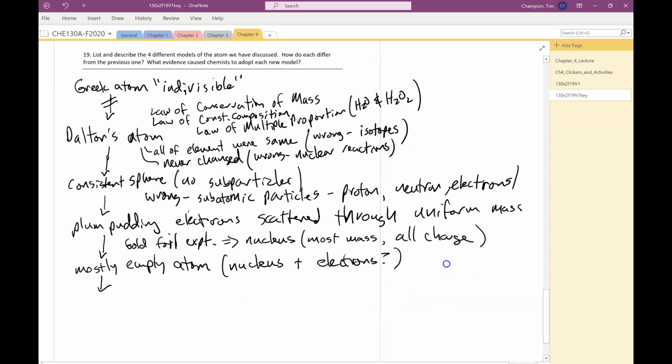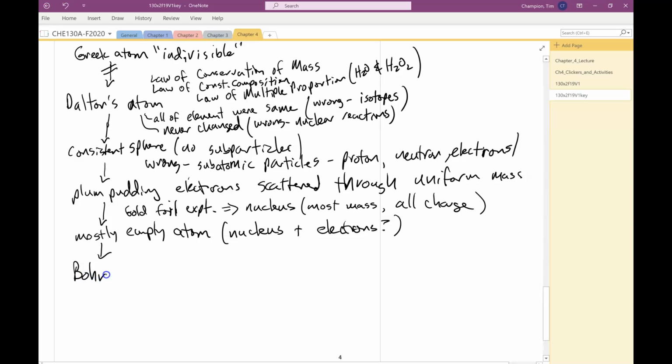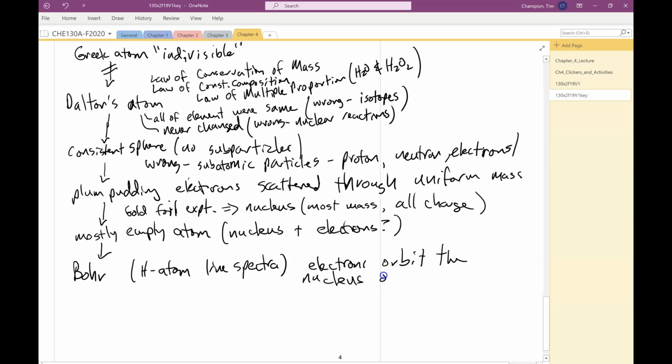And then that went to the Bohr model, which was explaining the hydrogen atom line spectra, where electrons orbit the nucleus on a few, very few allowed orbits. And of course, if you were writing this answer, I would think that being able to include some images is always a good idea.